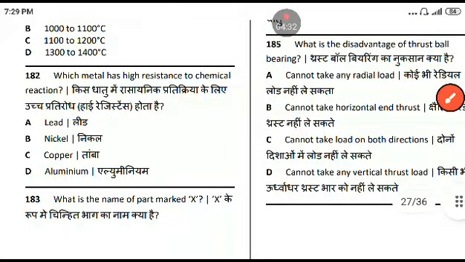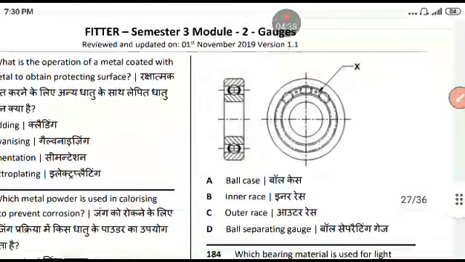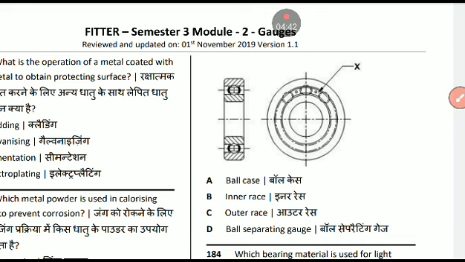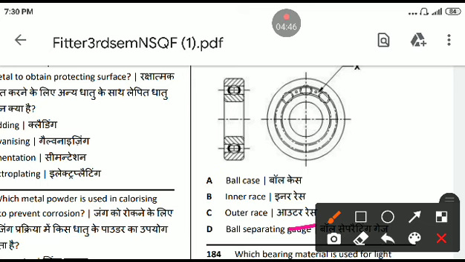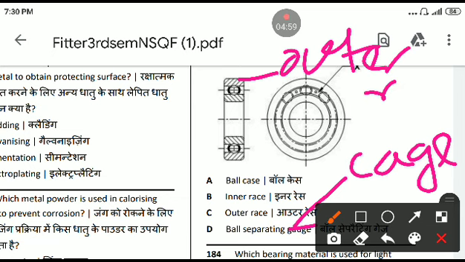What is the name of part marked as X? Ball cage, inner race, outer race, ball separating gauge.